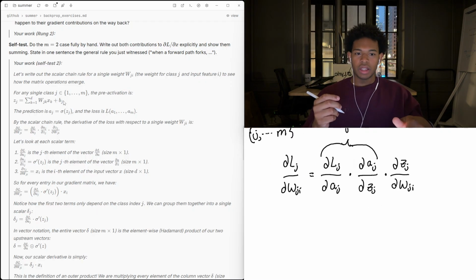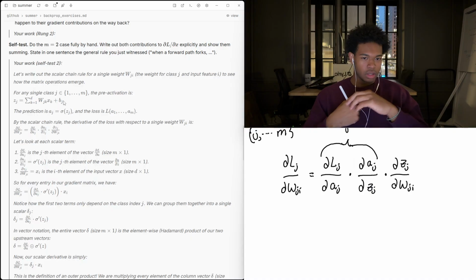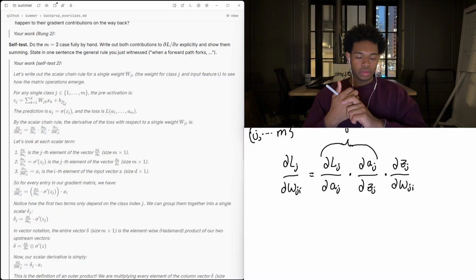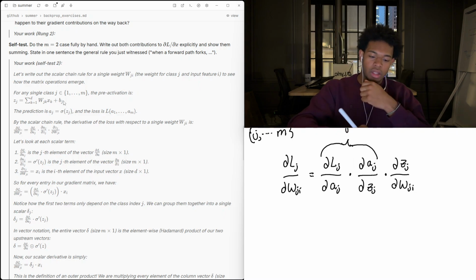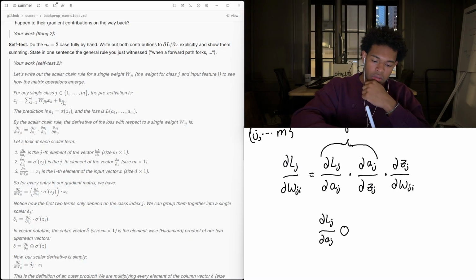How would I write this? L with respect to a is y minus a. How would I write that? Wait, no, then I would get rid of the j's.